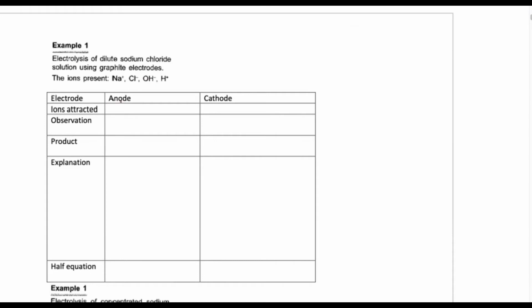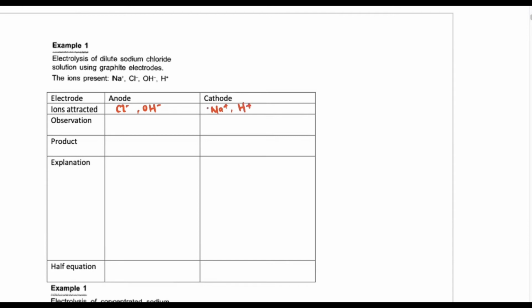So who is going to the anode? The anions, the negative ions. So Cl-, OH-. The cations, the positive ions, will go to the cathode. So we have Na+ and H+.